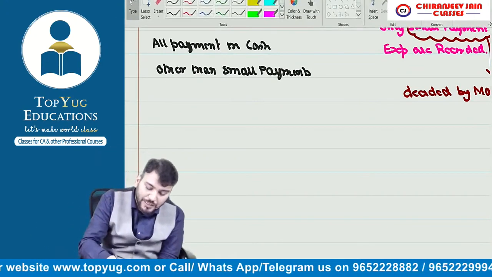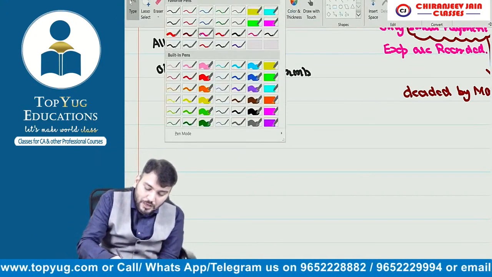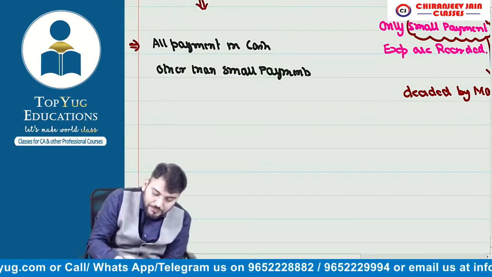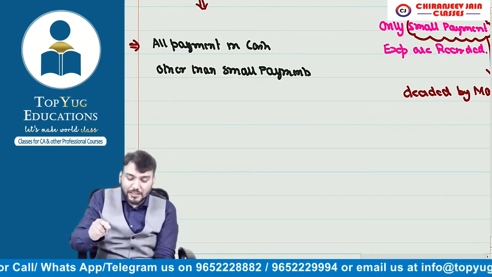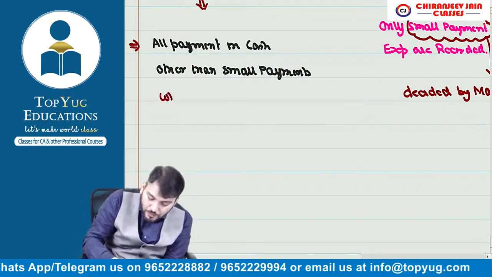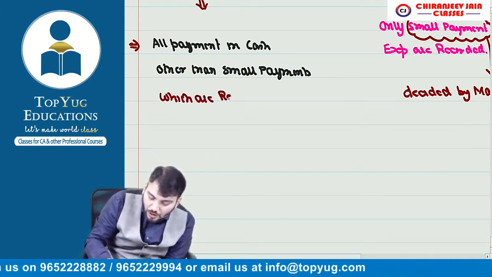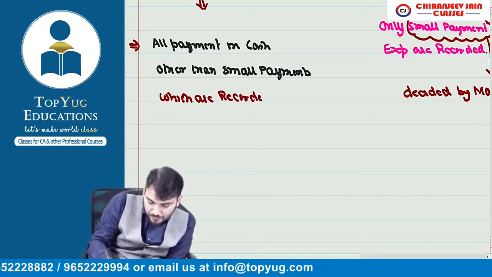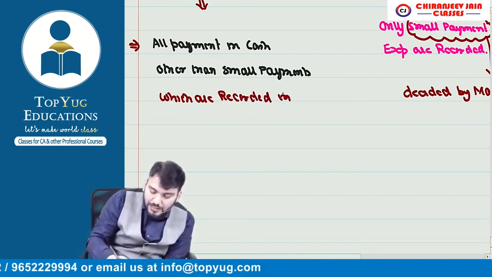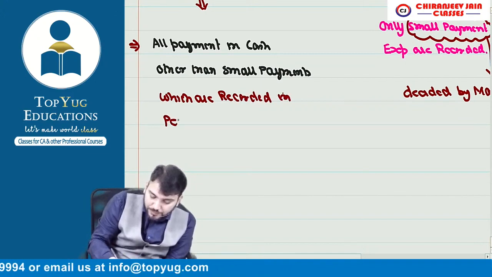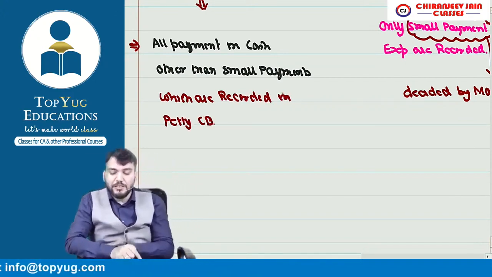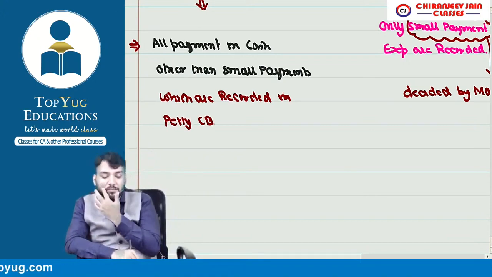Those will be recorded here. Are we able to understand this point? All payments in cash other than small payments, which are recorded in the petty cash book. Did you understand what I am saying, correct?